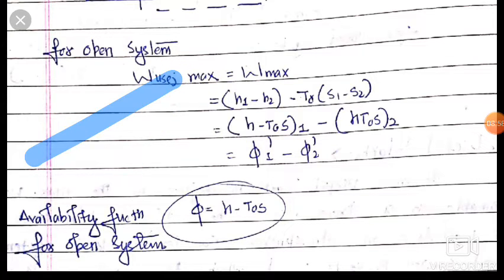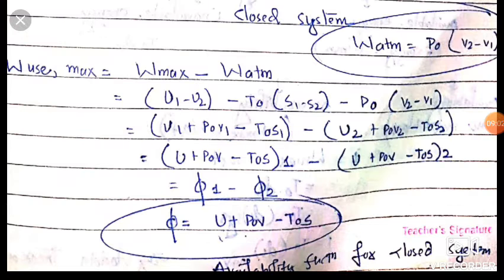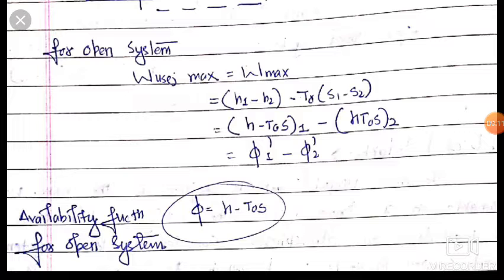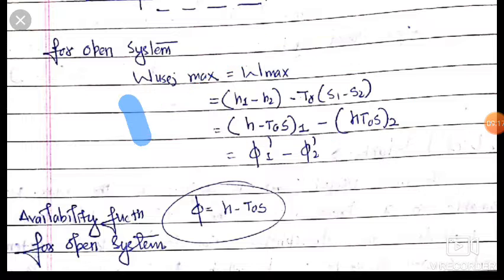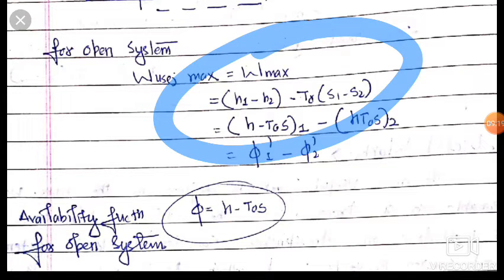This becomes 0 for our open system. Work done on the atmosphere is equal to 0. So friends, here H1 minus H2 minus T naught S1 minus S2. This is work done maximum for open system.